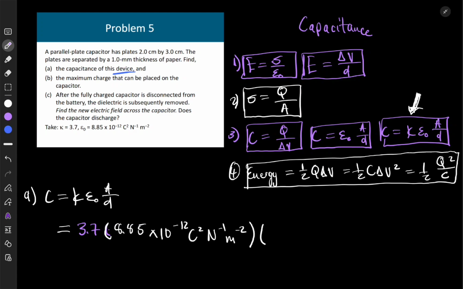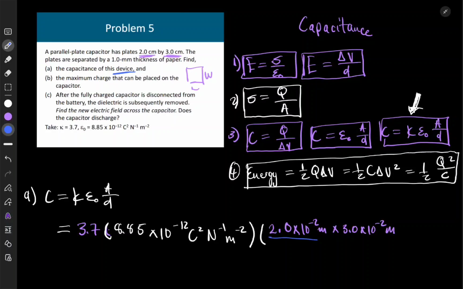Here they say the plates have 2 centimeters by 3 centimeters. I know what centi is, it's times 10 to the negative 2. So it's 2.0 times 10 to the negative 2 meters times 3.0 times 10 to the negative 2 meters. This gives me the area. Area of a plate is length times width.